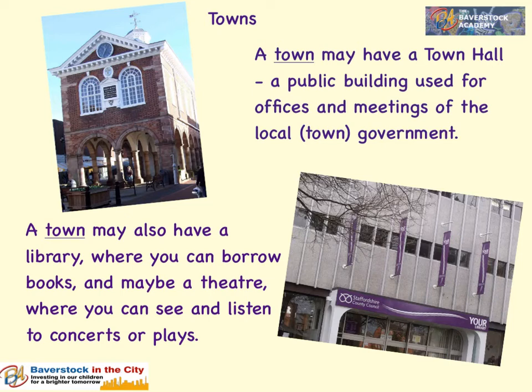A town may have a town hall, which is a public building used for offices and meetings of the local or town government. A town may also have a library, where you can borrow books. It may have a theatre, where you can see and listen to concerts or plays.